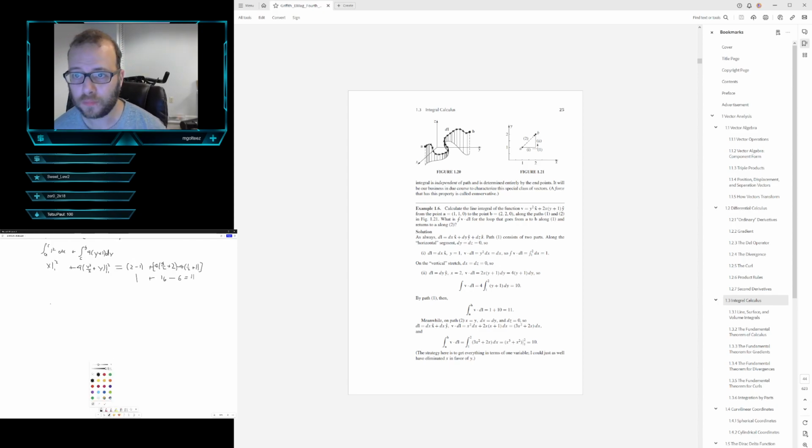So, now let's do part 2. So we've got x equals y along path 2. Here we go. So dx equals dy, dz is 0.